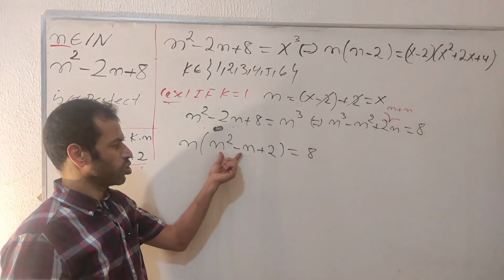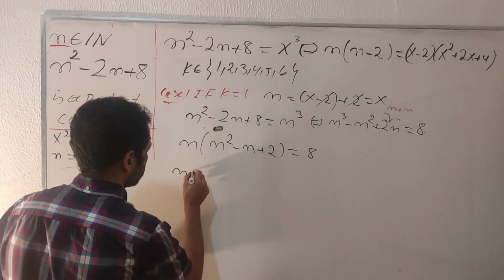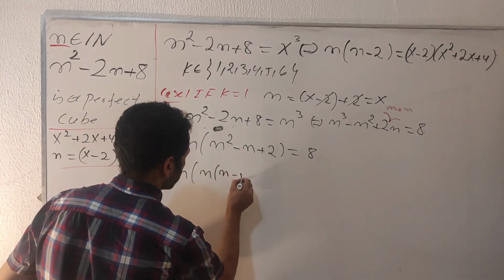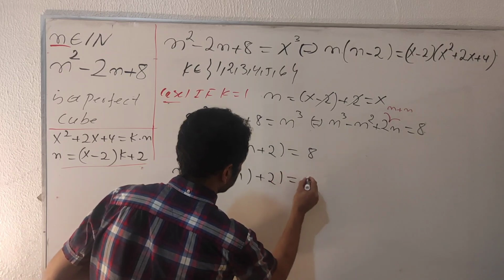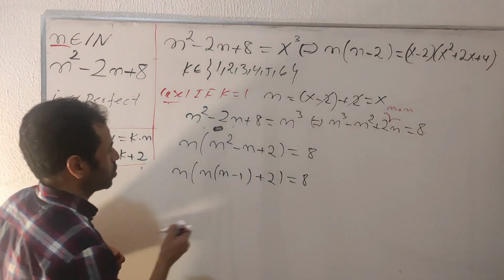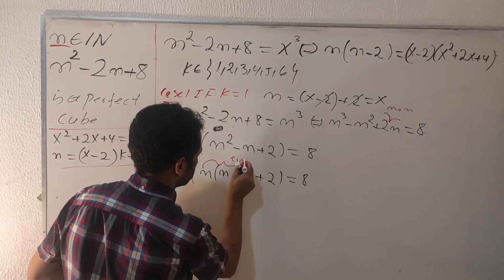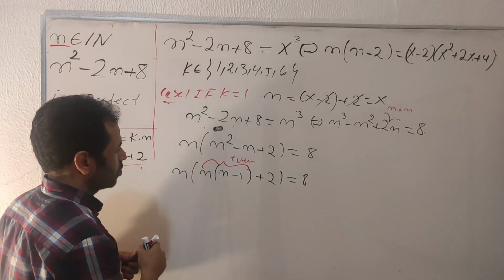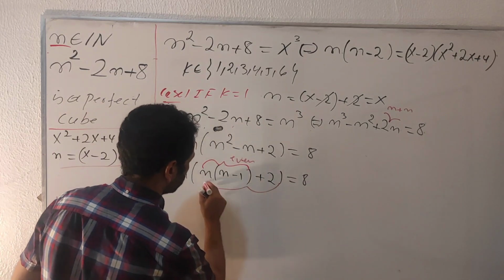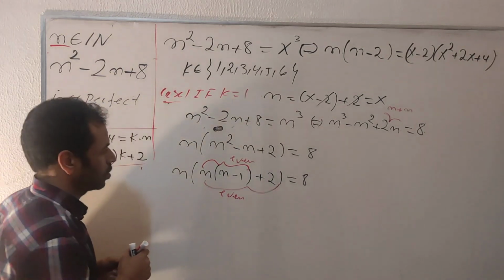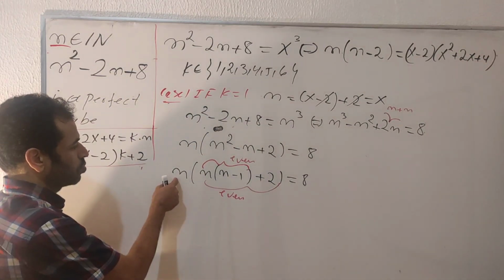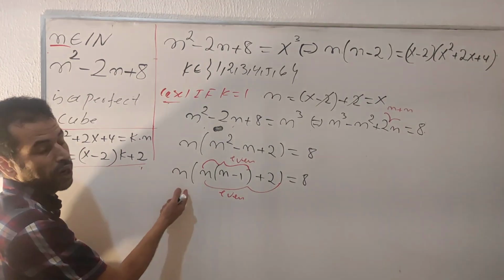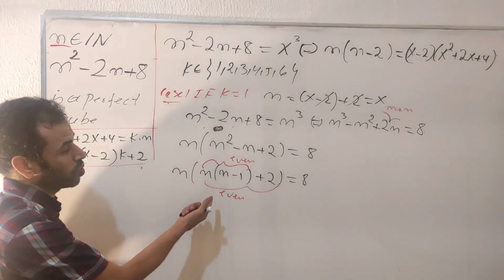Let's use a small trick here. So I get n factor (n minus 1) plus number 2 equals 8. So we know this term is an even. This one is an even, which means the whole thing is an even. Okay, so which means n could be odd, it could be even. If it's odd, n equals 1.